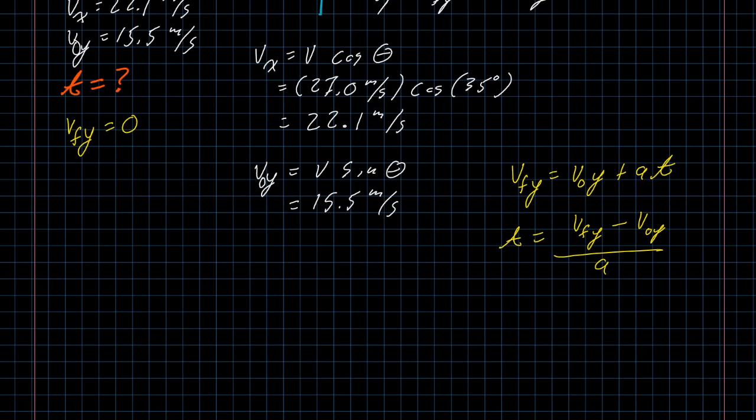Plugging in the values I have, vfy is 0, v naught y is 15.5 meters per second, and a is negative 9.80 meters per square second. Right, I guess I should be more careful, call that ay. There's only acceleration in the y direction. Physicists tend to be very lazy about that sort of thing, and I tend to be particularly lazy about that sort of thing, but that doesn't mean it's right.